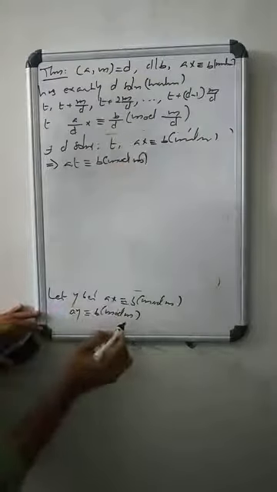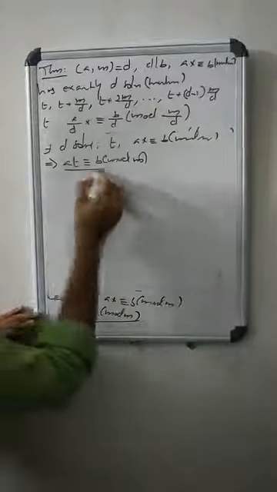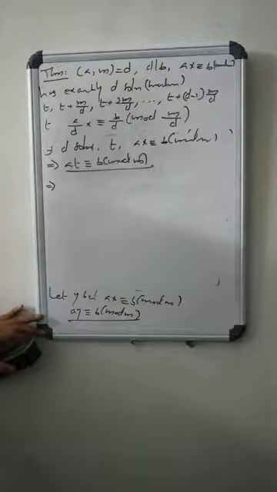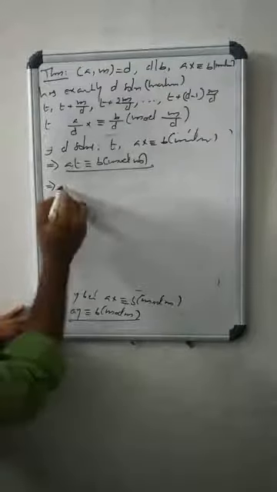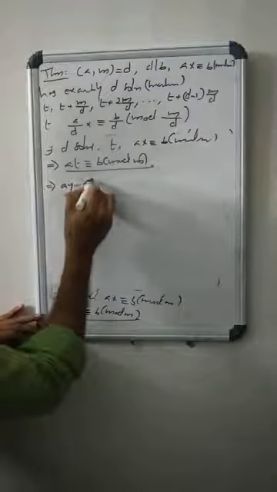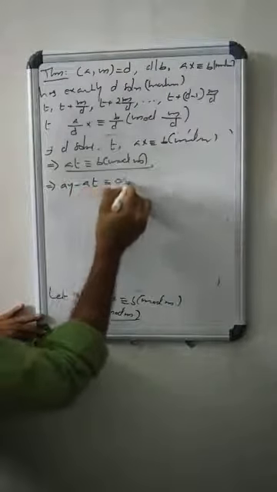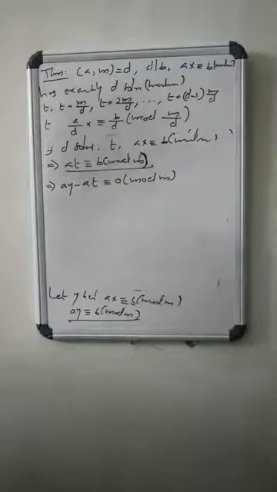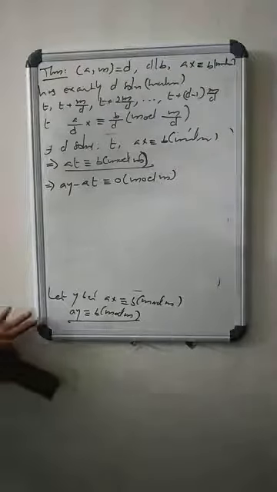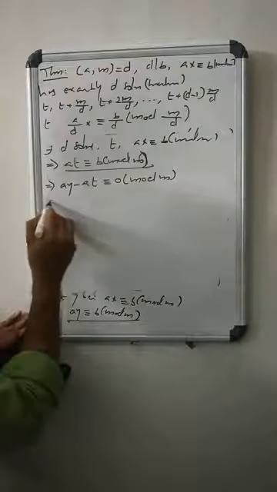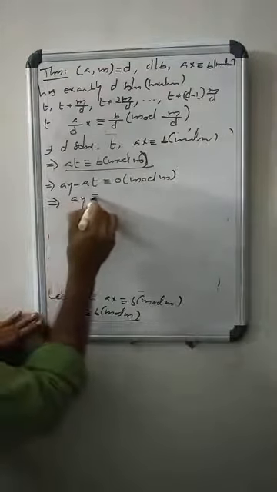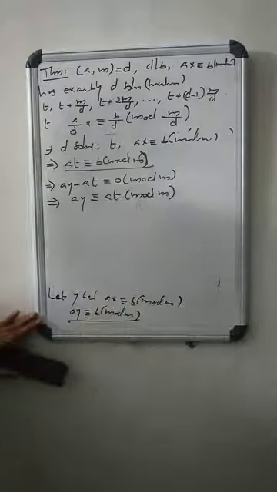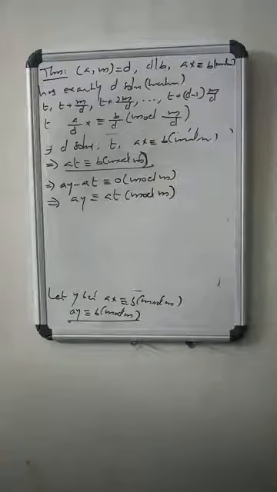We have ay congruent to b mod m and at congruent to b mod m. That means ay minus at is congruent to 0 mod m. That means ay is congruent to at mod m.